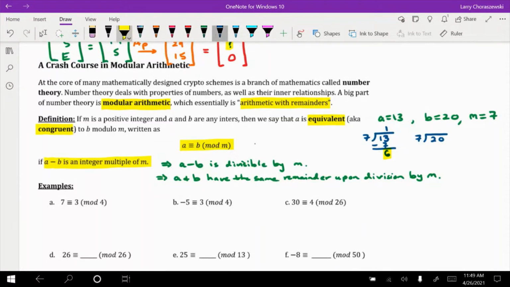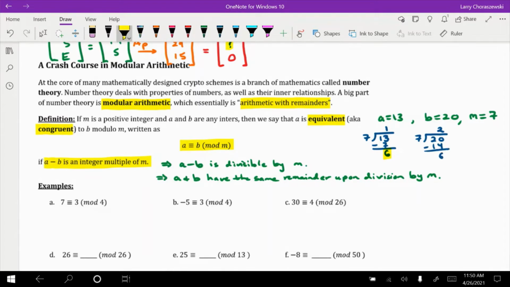Let's try to divide 7 into 20. How many times can we fit 7 into 20 without going over? Twice. So we put the 2 on top of the division hut, multiply 2 and 7 to get 14, subtract, and we get 6.